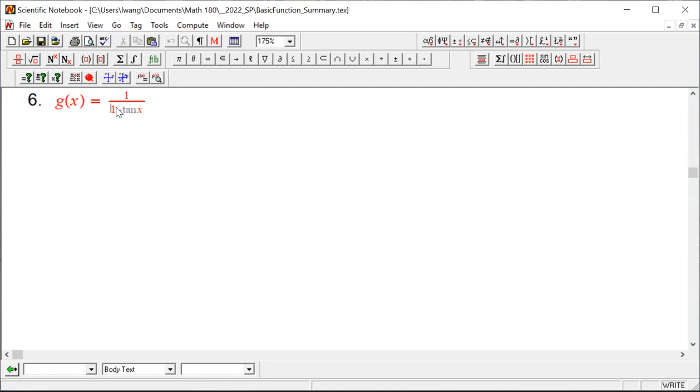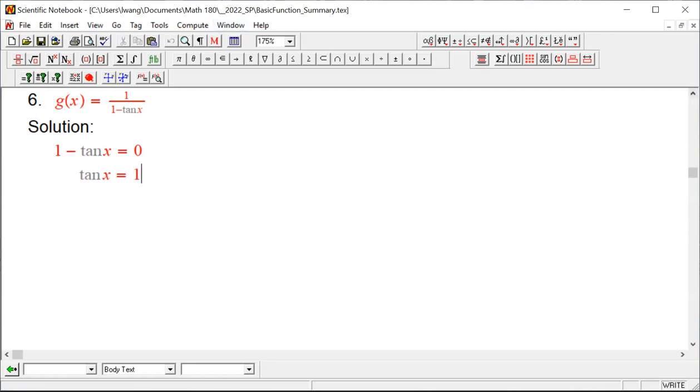Obviously 1 minus tangent x cannot be 0, right? So if we set it equal to 0, whatever solution we get, we have to exclude those numbers. So the next step, tangent x equals 1.